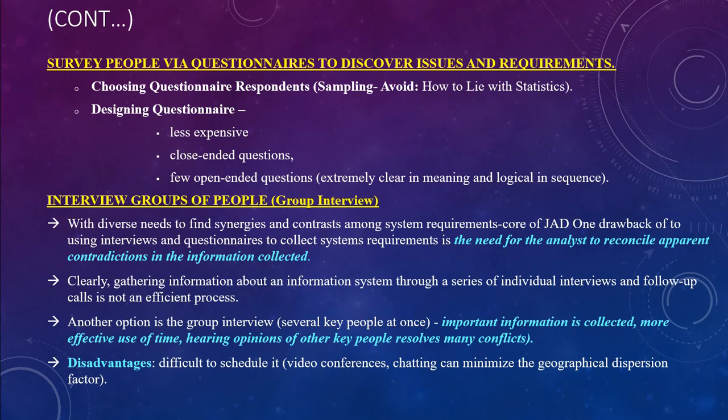Clearly, gathering information about an information system through a series of individual interviews and follow-up calls is not an efficient process. That is why we have another option known as the group interview, that is to interview a group of people together.